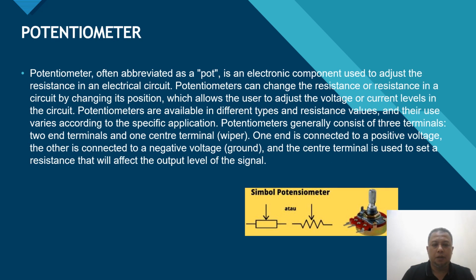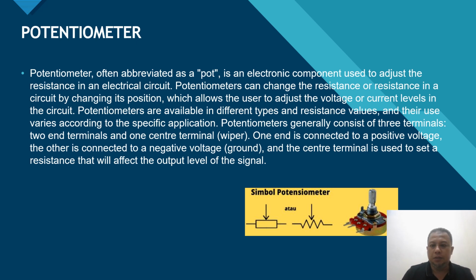Potentiometer, often abbreviated as a pot, is an electronic component used to adjust the resistance in an electrical circuit. A potentiometer can change the resistance in a circuit by changing its position.